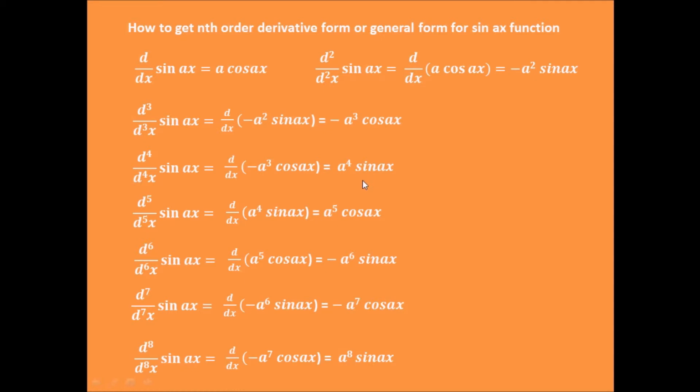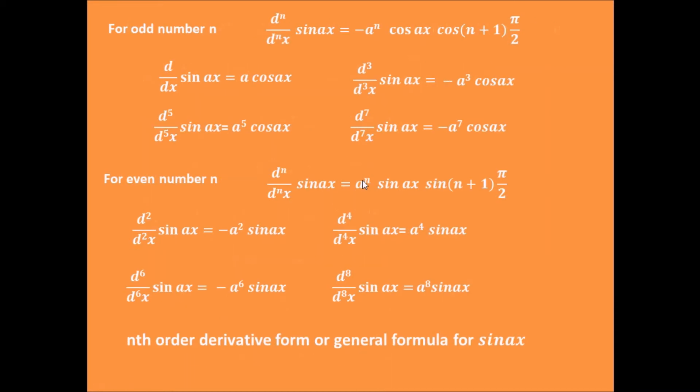So we can make a reasonable assumption that for the even number n, the nth order derivative of sine ax equals a to the power of n times sine ax times sine of (n plus 1) pi divided by 2. Similarly, we can use our previously determined derivatives to verify this assumption. Obviously, this assumption is right for the even number.